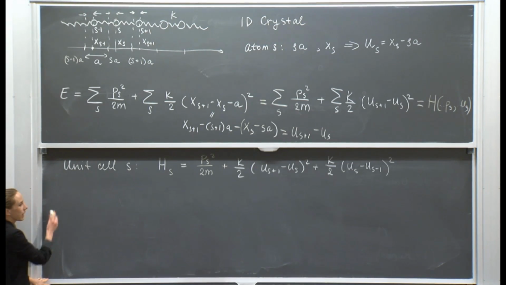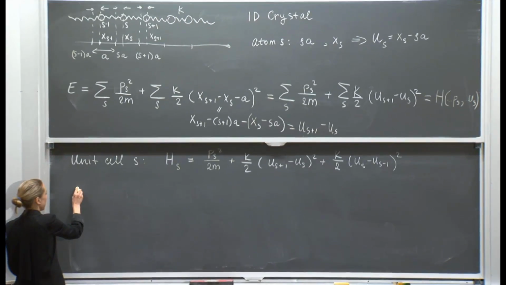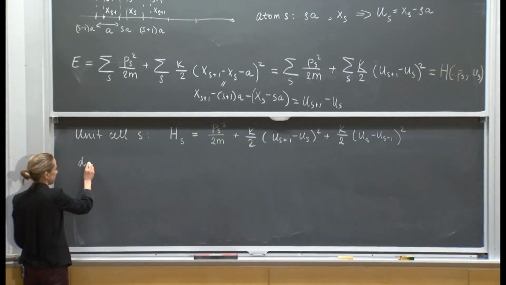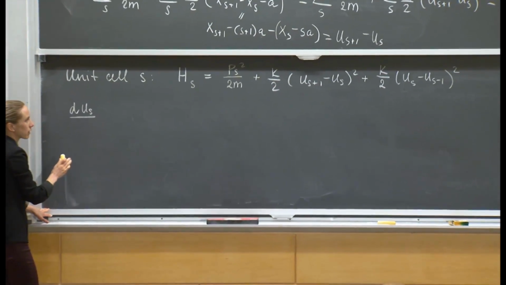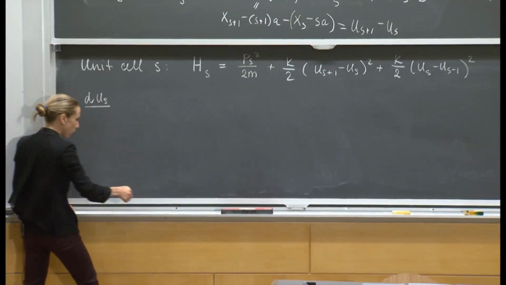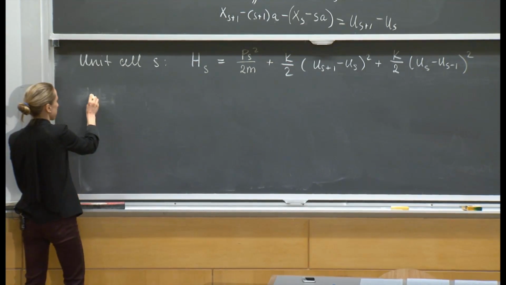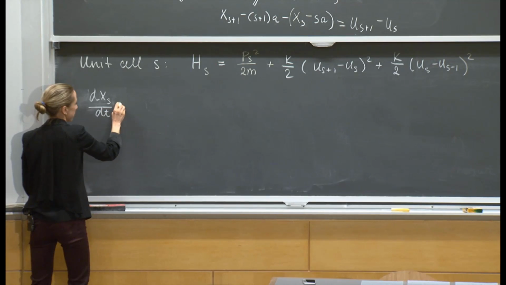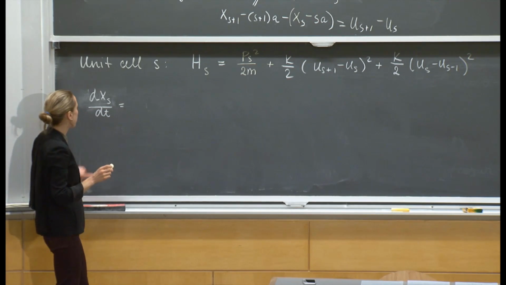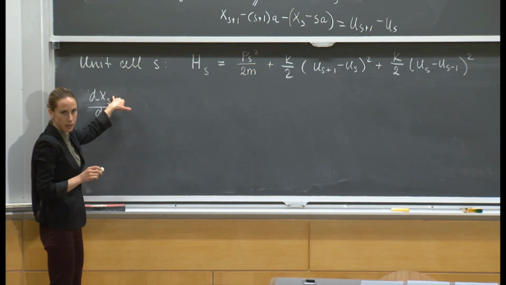So now back to Hamilton's equations. Now we can just recall that normally we would write Hamilton's equations as dxs dt, but we can add a constant inside this derivative.